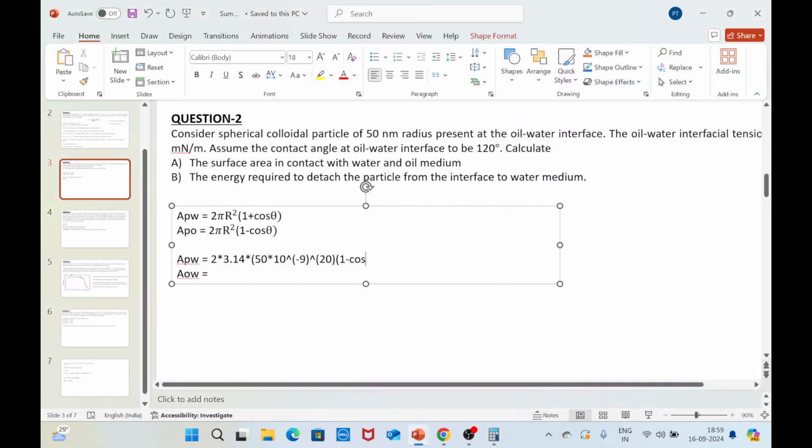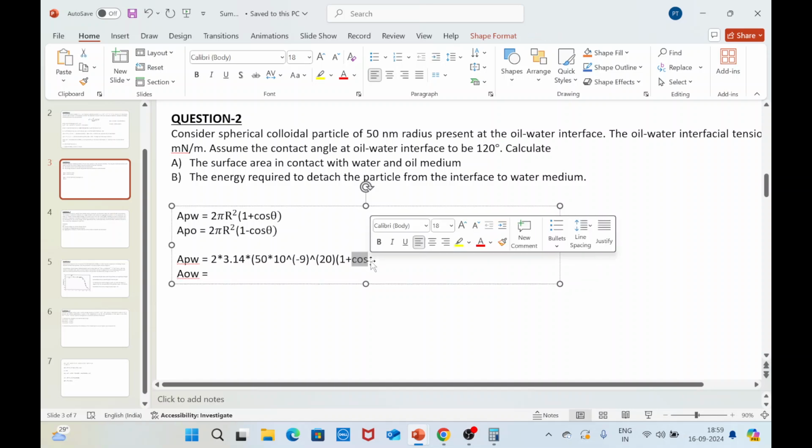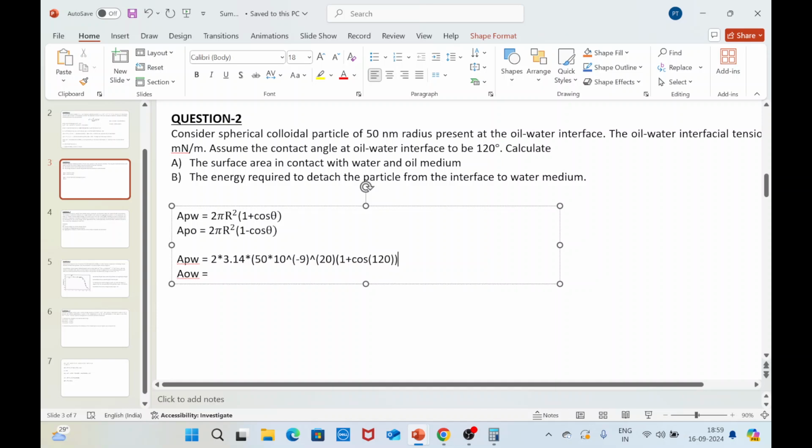Oh sorry, APW is plus, right? So cos of 120 is nothing but minus 0.5. So I'm going to replace this here itself: 1 minus 0.5.